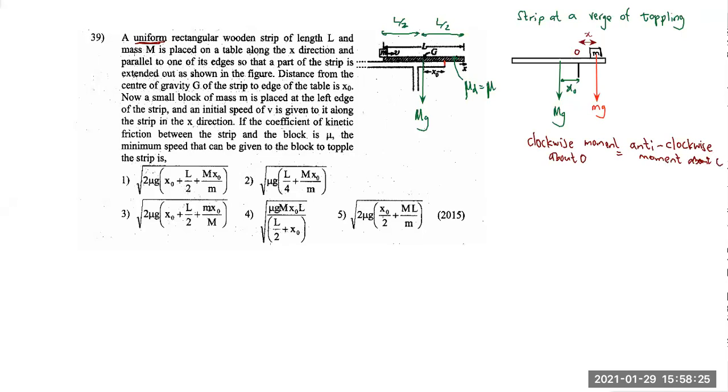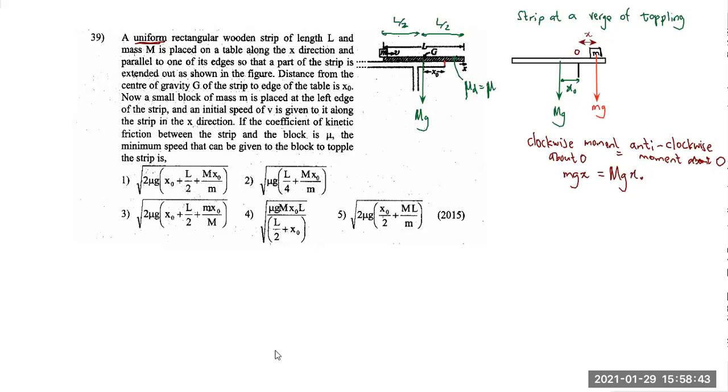That's going to be simply mgx. And the anti-clockwise moment about O is going to be capital Mg x naught, because from this edge, the distance to the center of gravity is given as x naught in the diagram.